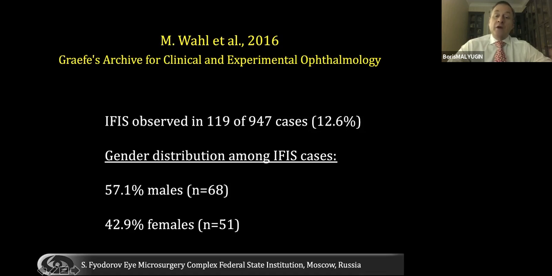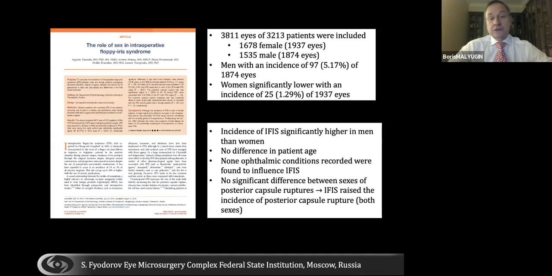However, there was a substantial amount of female patients showing that syndrome who are obviously not taking tamsulosin, and this is another paper showing that the syndrome is obviously higher in men. However, it can also be seen in women.